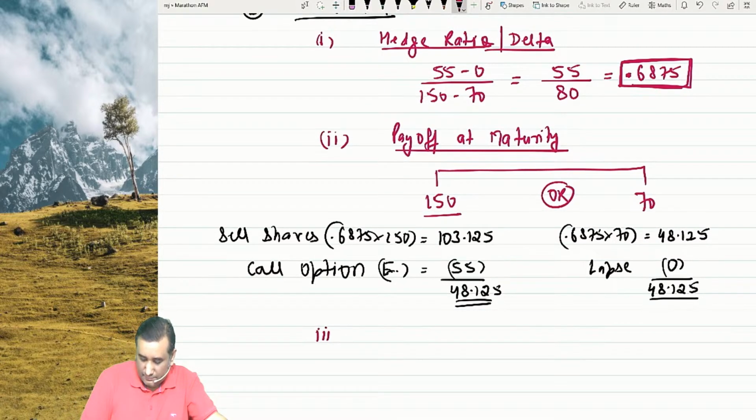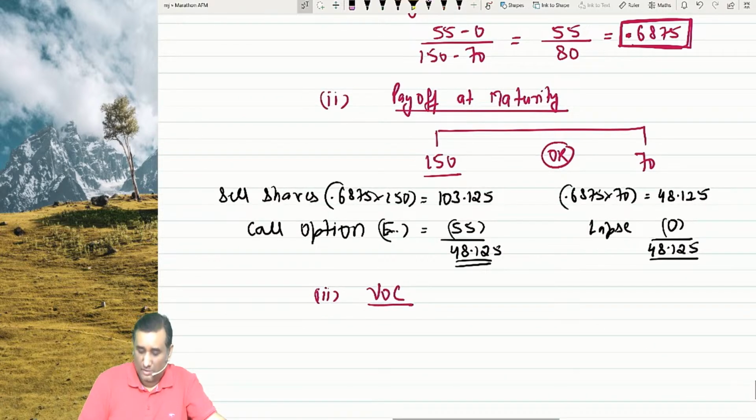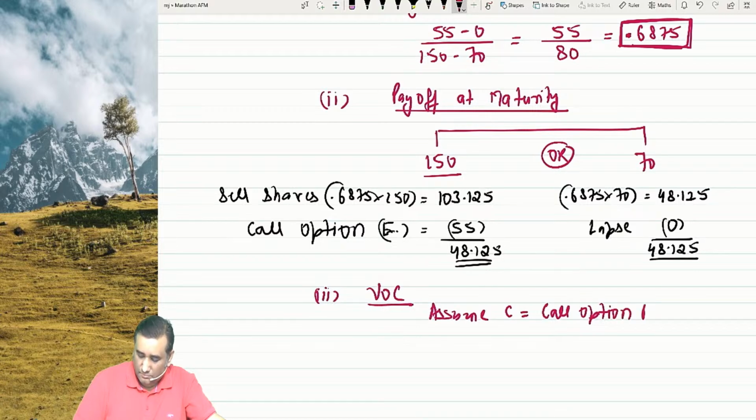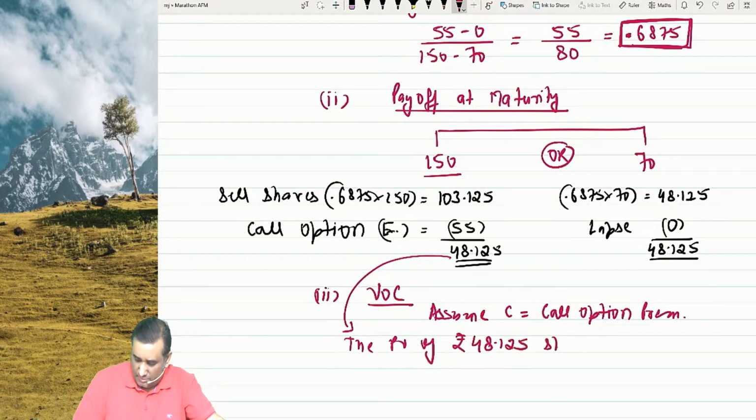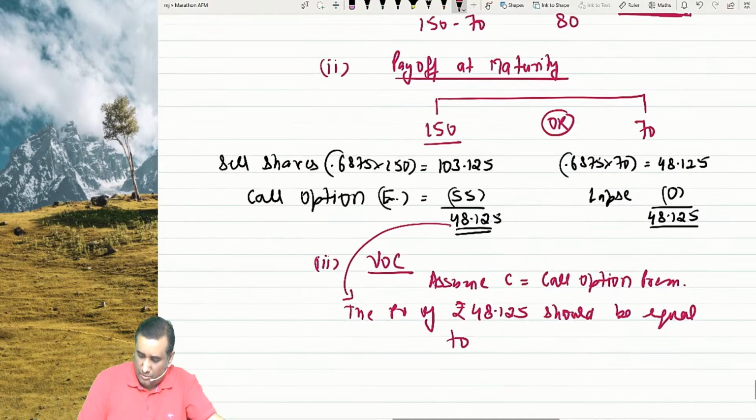Third part. Value of, assume C is equal to the call option, present value of... Although we can make it a solvent, there are other ways of doing it.